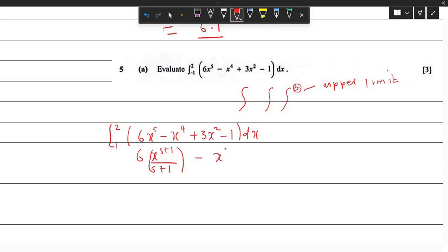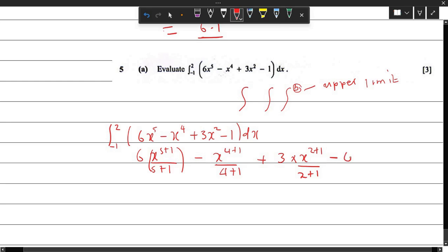So this will be x to the power 4 plus 1 over 4 plus 1, plus 3 is a constant, so it will come out multiplied by x to the power 2 plus 1 over 2 plus 1, minus. So 1 is a constant, and integrating it alone, it's 0. Then we have limits from -1 to 2.